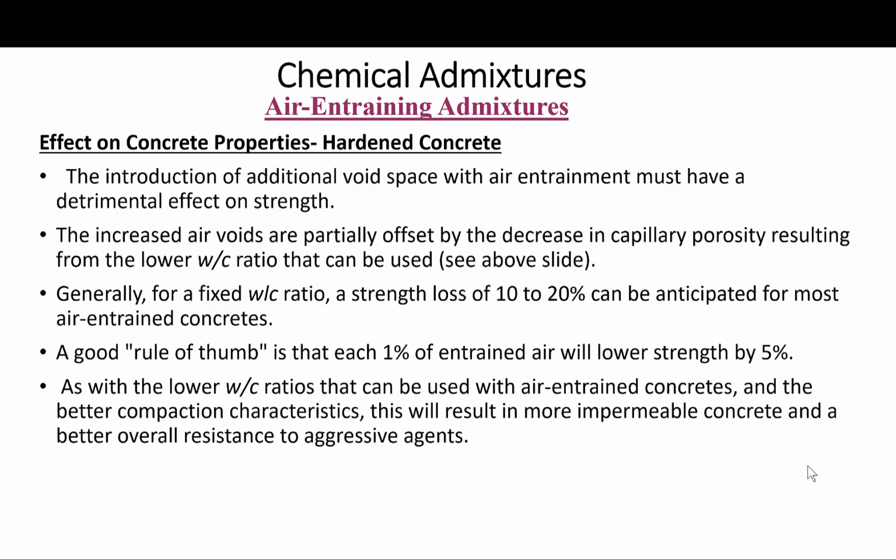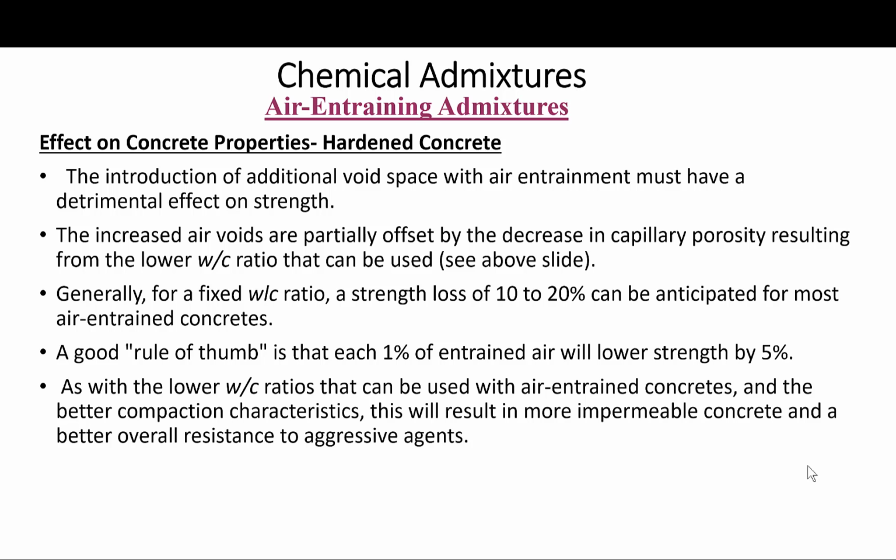Generally, for a fixed water cement ratio, a strength loss of 10 to 20% can be anticipated for most air-entrained concretes. A good rule of thumb, though, is that each 1% of entrained air will lower the strength by 5%. However, for a fixed air content and slump, air-entrainment has much less effect and may not affect the strength of lean concrete mixes, where cement contents are below 300 kilograms per cubic meter.